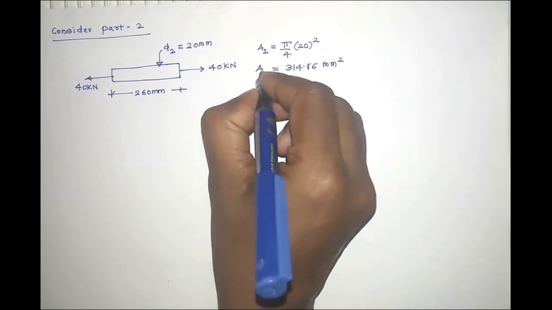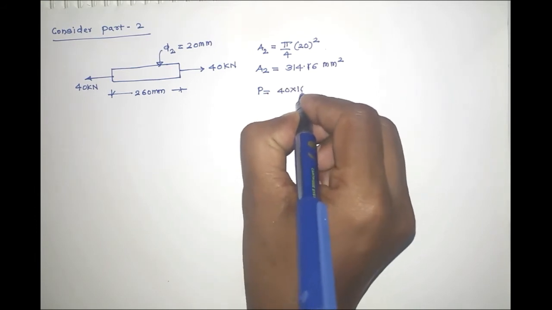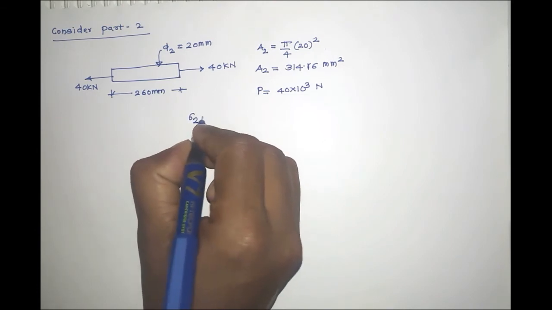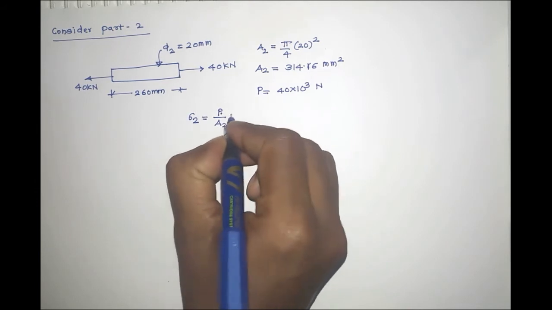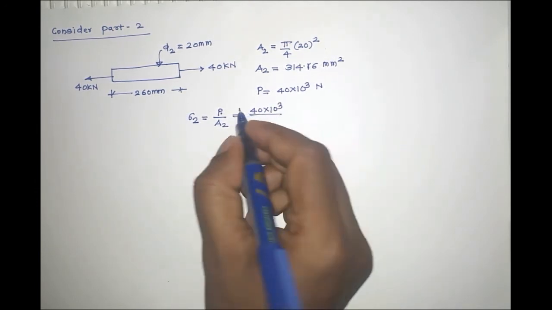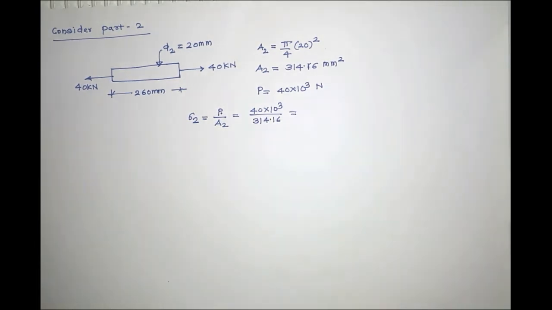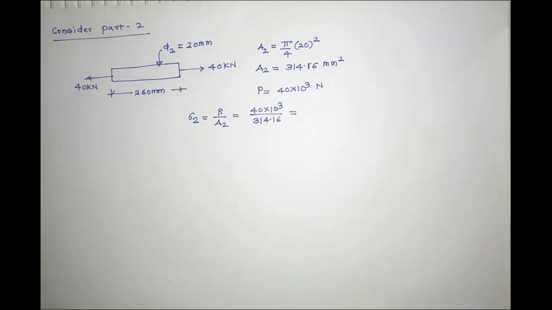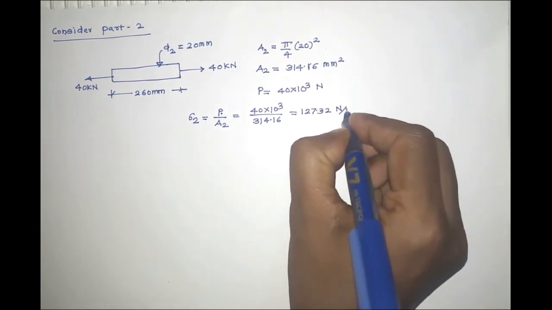The stress sigma 2 equals P divided by A2, which is 40 into 10 to the power 3 divided by 314.16, so you get 127.32 Newton per millimeter square.